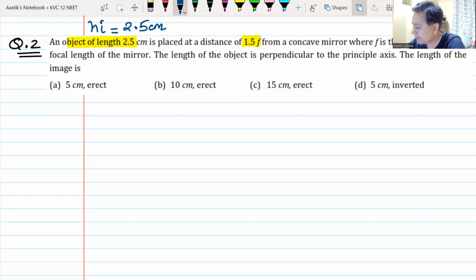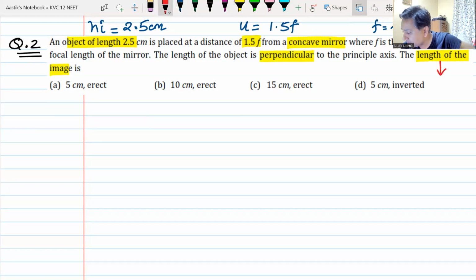Then you can write the value of u is given as 1.5 f and focal length is given as f. You have to use proper sign convention. You have to see what type of mirror is this, and then you have to find the length of the image. Remember, here the object is placed perpendicular, so the length actually means its height.